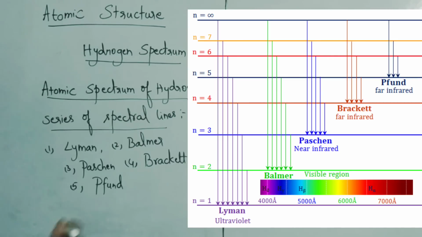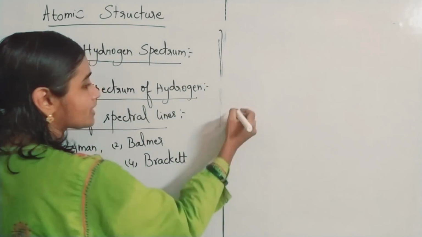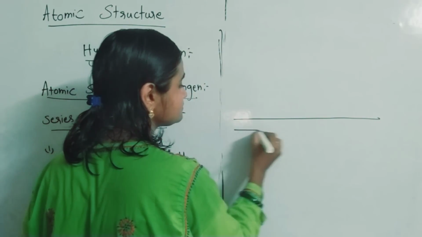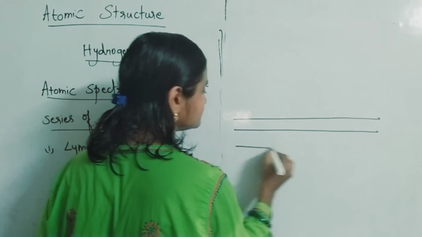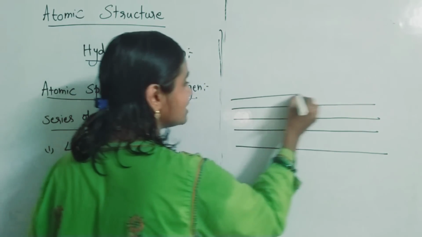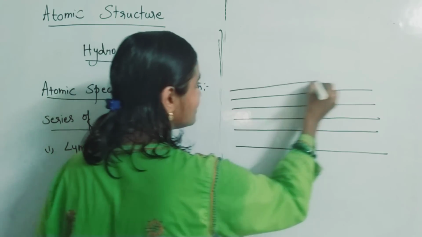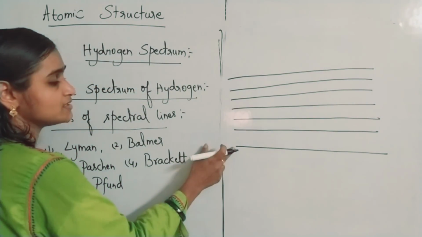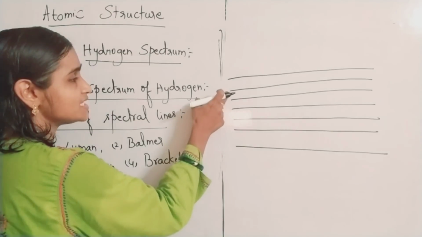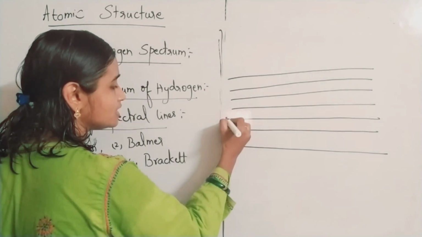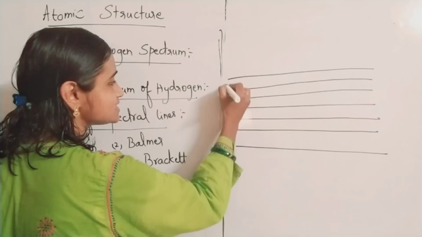If you go for the Lyman series, just look at this small diagram which I am drawing here. I have drawn energy levels 1, 2, 3, 4, 5, 6, 7.